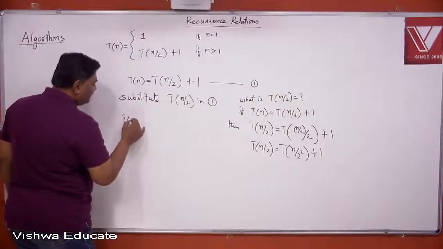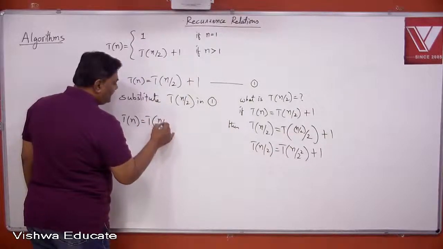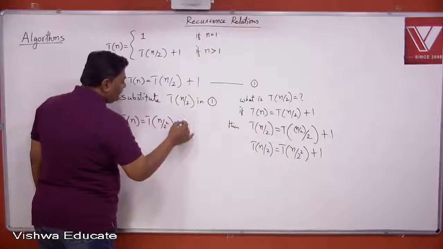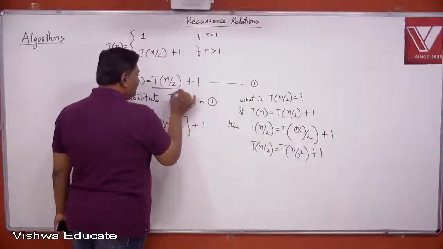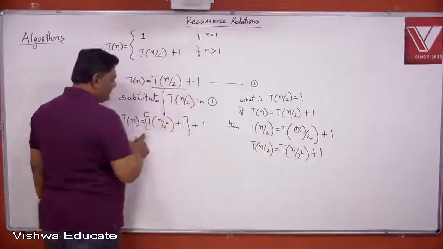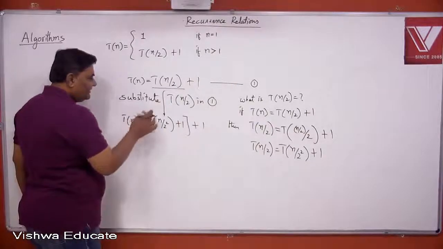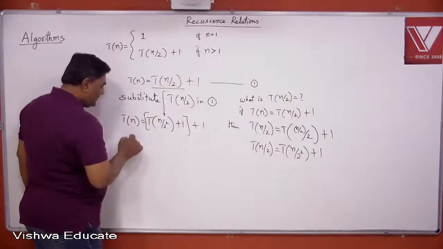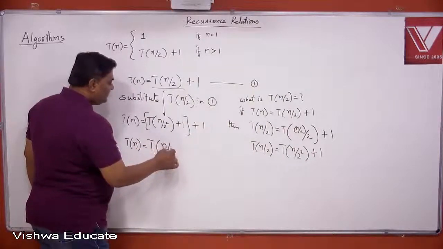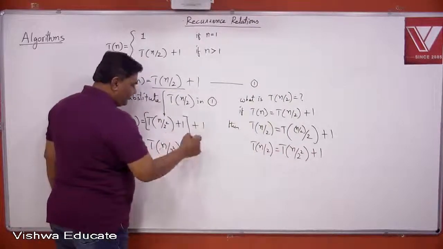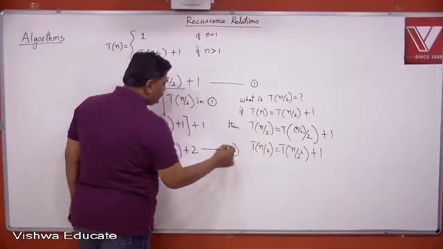So it will be T(n) is equal to T(n/2 squared) plus 1, then plus 1. I have written this. Okay, open this one. T(n) is equal to T(n/2 squared) plus, if you open this, 1 plus 1, that is 2. So this is the second equation.